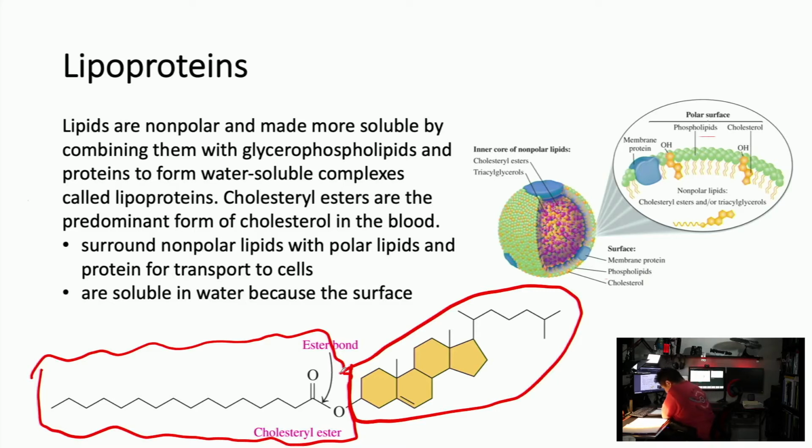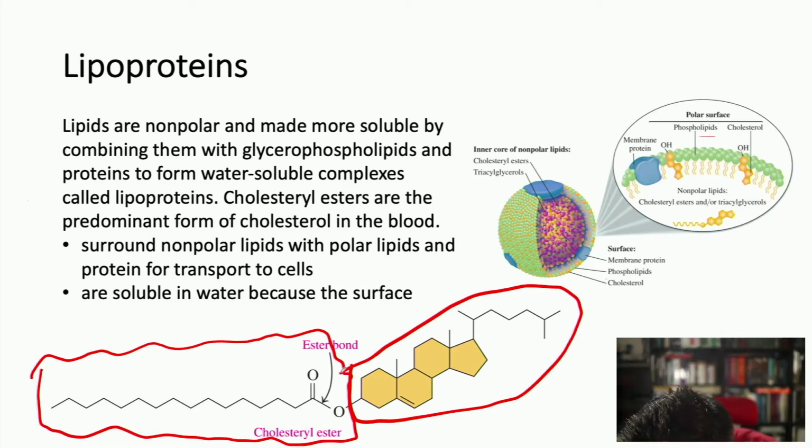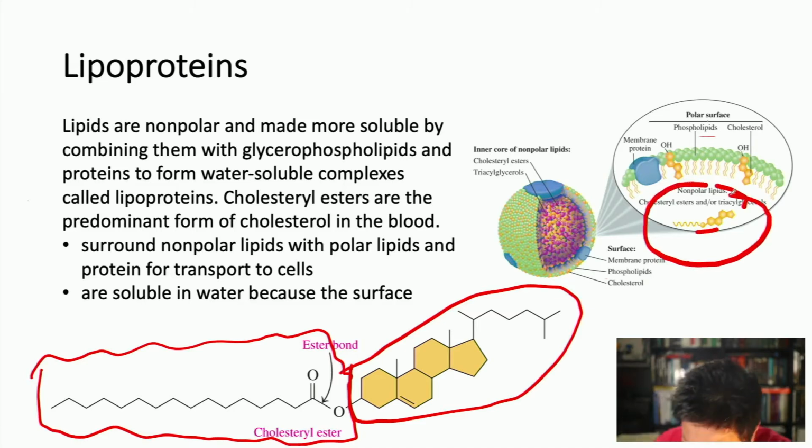These cholesterol esters are all combined with each other, right, inside of it's almost like a cell membrane, except it's not a bilayer, it's just a single layer, right, of phospholipids, right?